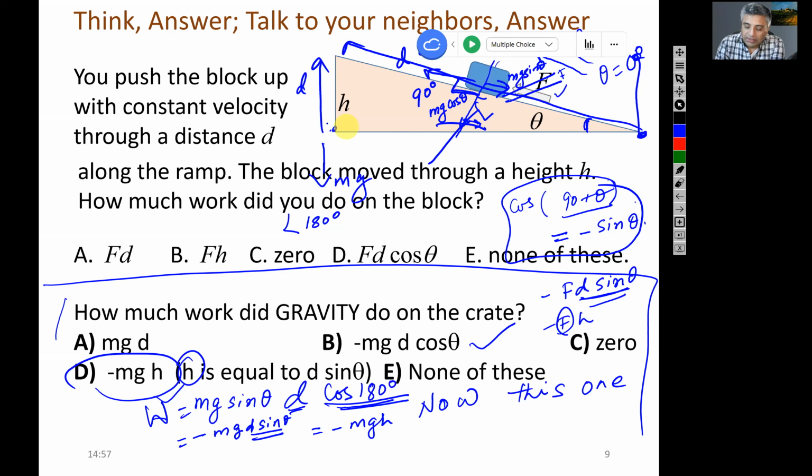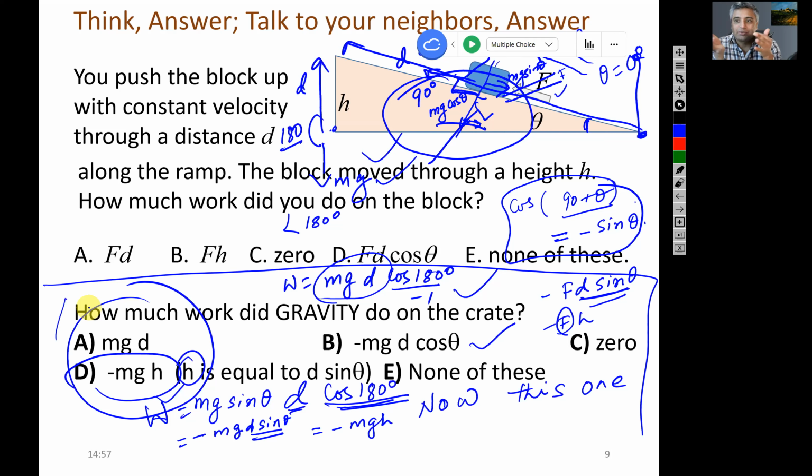So similarly, if you were asked to find work done by net force, then there are two ways you can do it. First, find the net force and find the work done. Second, find the work done by all forces and add them together. Either way, you should get the same answer. So that's how we do it, okay?